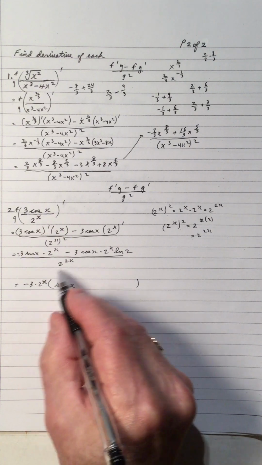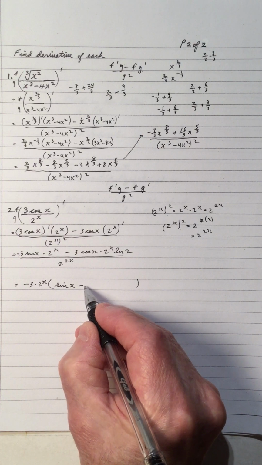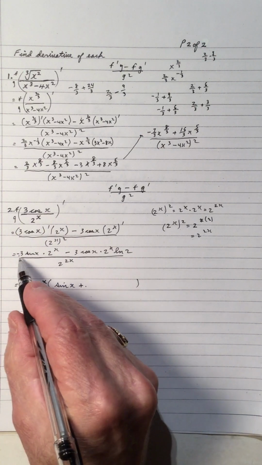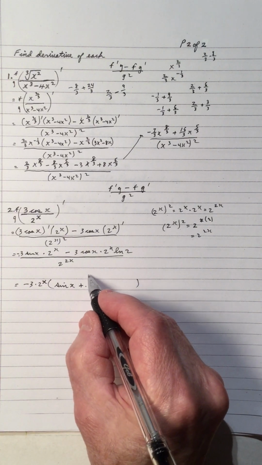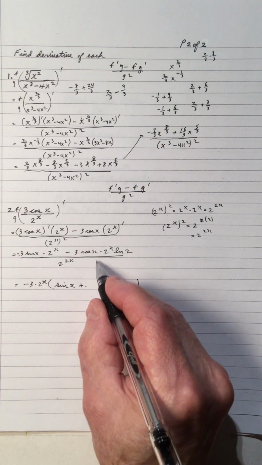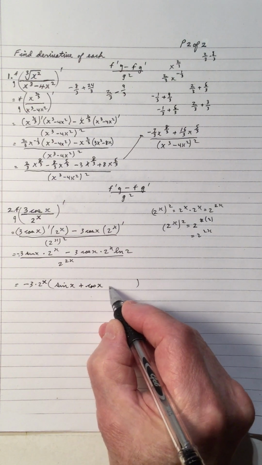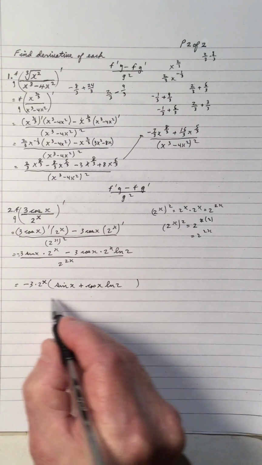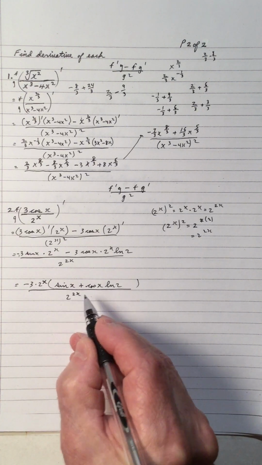Negative 3 divided by negative 1, 2 to the x, so that's positive. Negative divided by negative, negative divided by positive. So we get, 3 gone, cos x ln 2 all over 2 to the 2x.